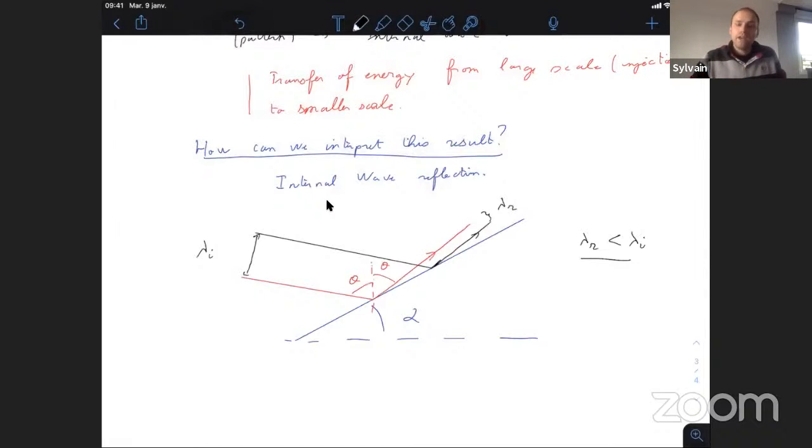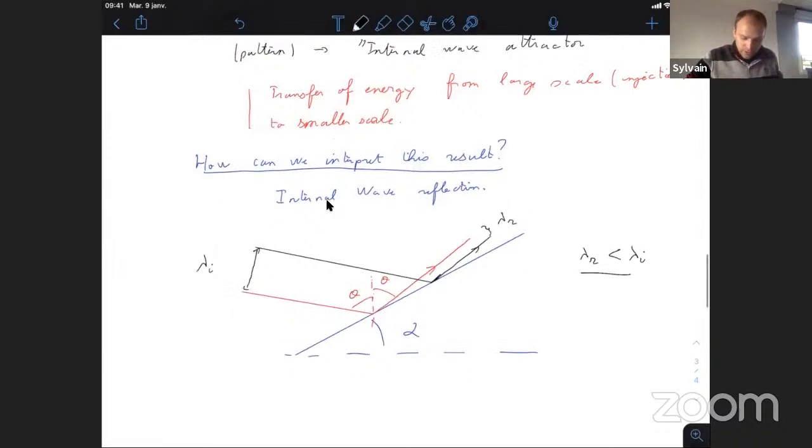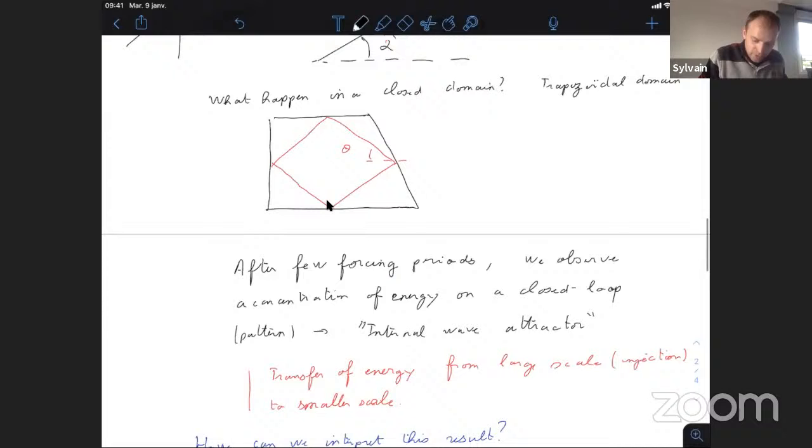And this is why we made this shape before. It was to have transfer to small scale. Once it comes back, another transfer to smaller scale, it comes back, another transfer to smaller scale.